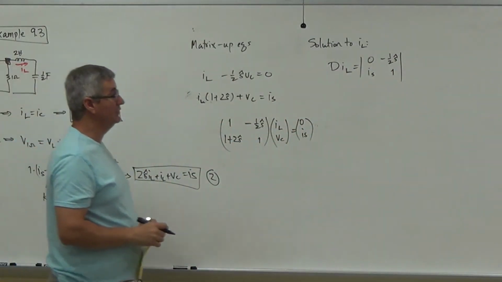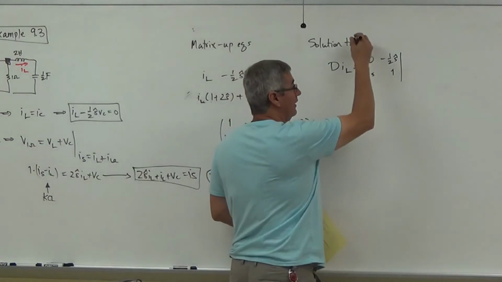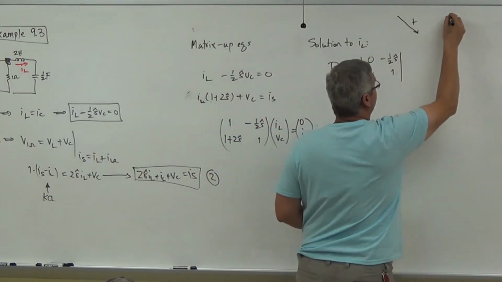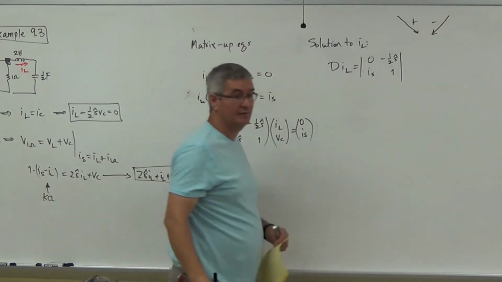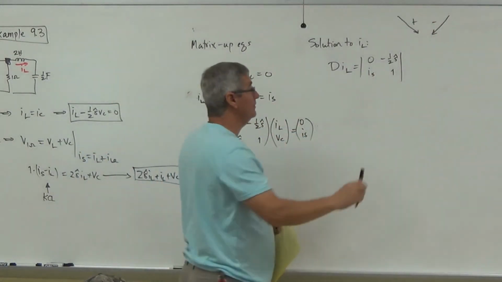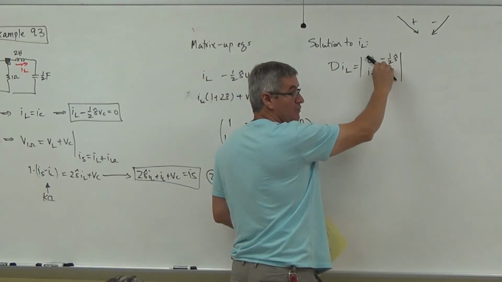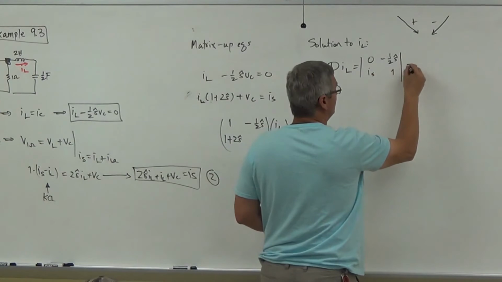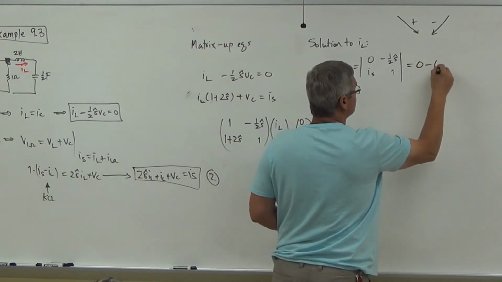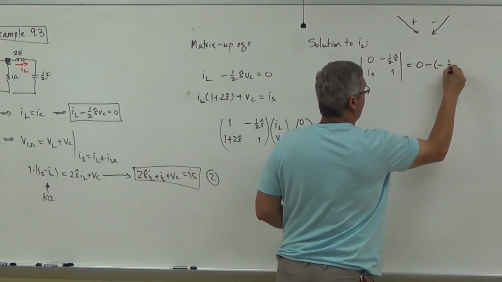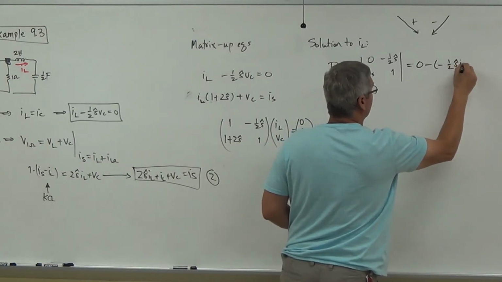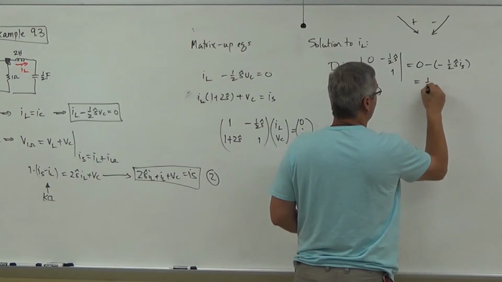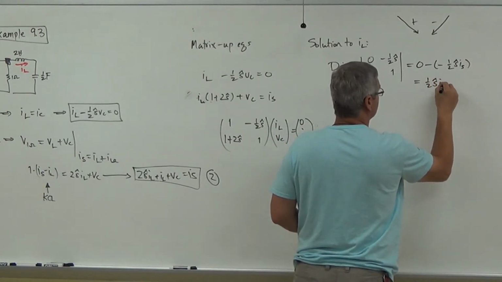Remember, if I go like this, I get a positive. If I go backwards, I get a negative. So to get the determinant, I get 0 times 1, 0, and then I take this one here, so this will be 0 minus 1/2 S hat operating on I source. So in the end, this is equal to 1/2 S hat I source.